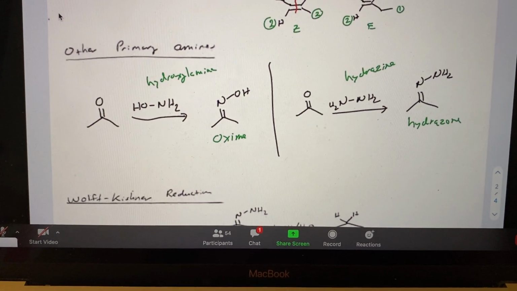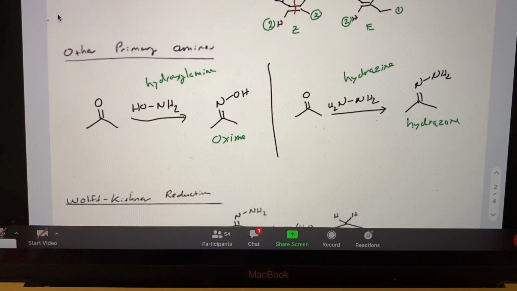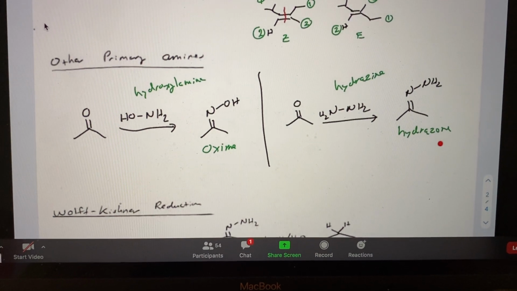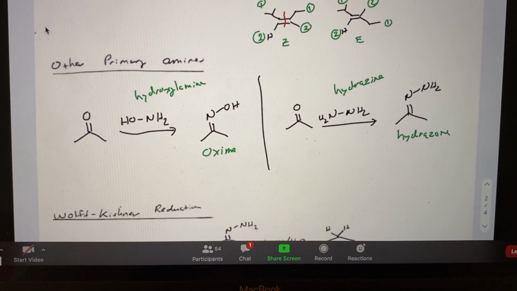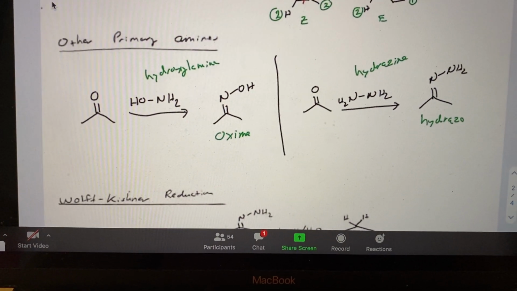And so all of these, there are other types of primary amines that could be used. These two products, an oxime or a hydrazone, are useful for a variety of other reactions. That's zone, Z-O-N-E.